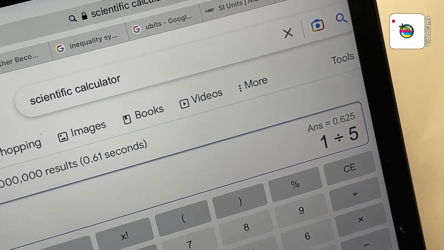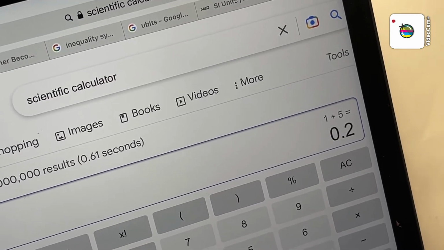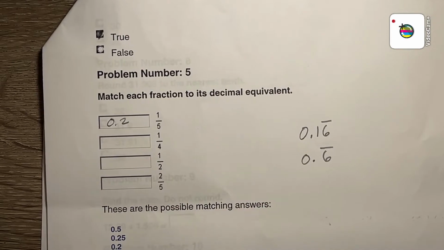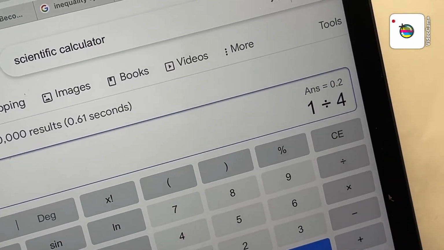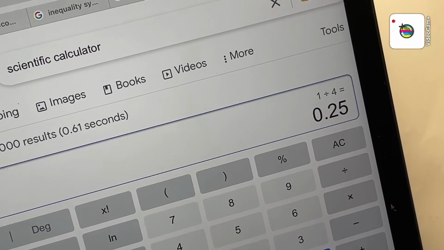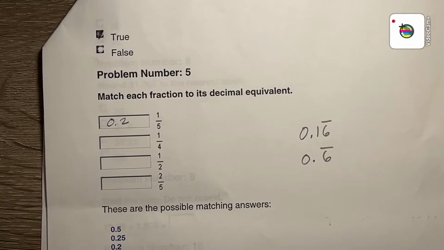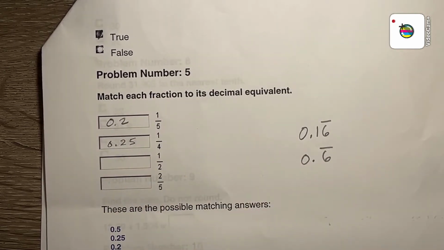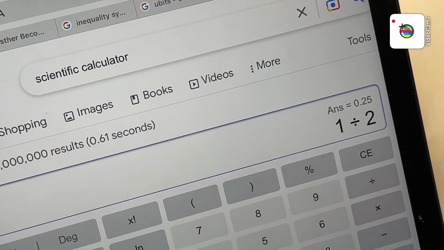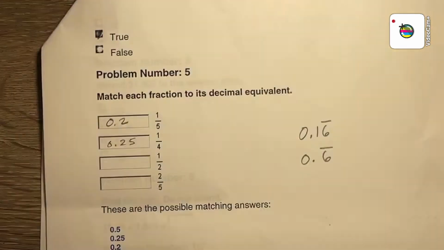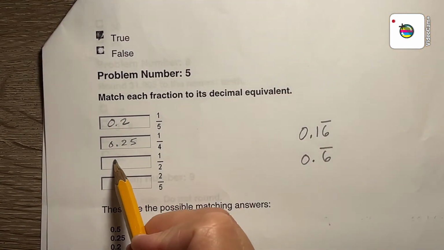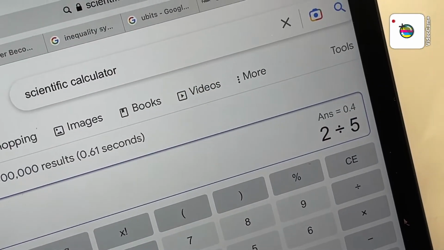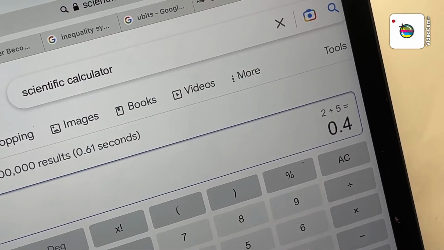Okay, 1 divided by 5 is 0.2. 1 divided by 4 is 0.25. 1 divided by 2 is 0.5. And 2 divided by 5 is 0.4.